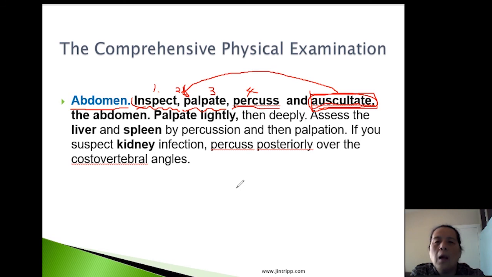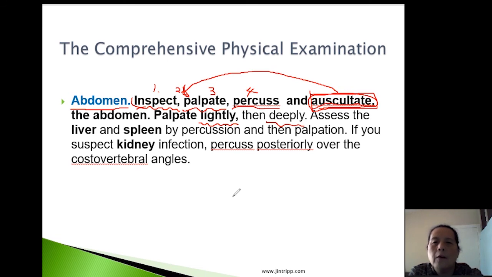And for palpation, we can separate it into light palpation and deeper palpation. We do lighter palpation first, then deeper palpation. So basically we find different problems at different levels in the abdominal area.